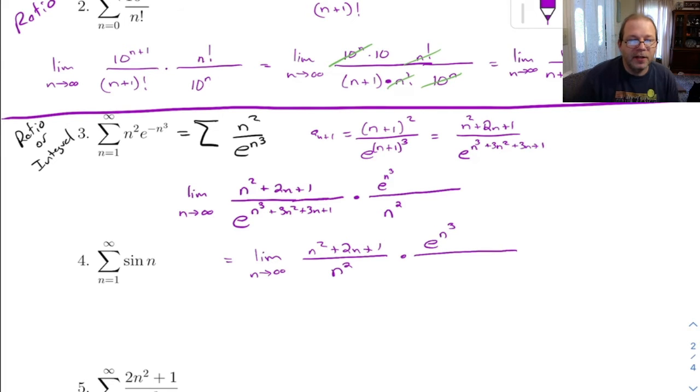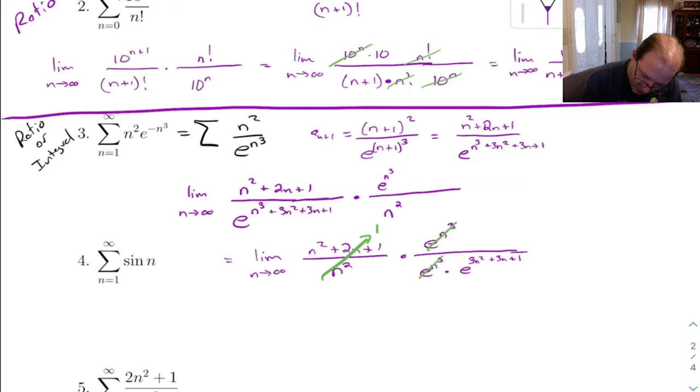All right, e to the n cubed on top. And downstairs, I've got e to the n cubed times e to the 3n squared plus 3n plus 1. Because I can, those are exponent rules, we can do that. This is going to go to 1 over here.